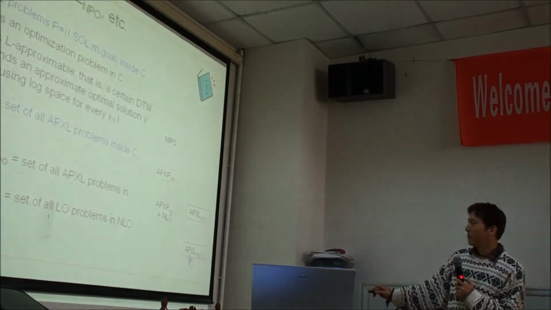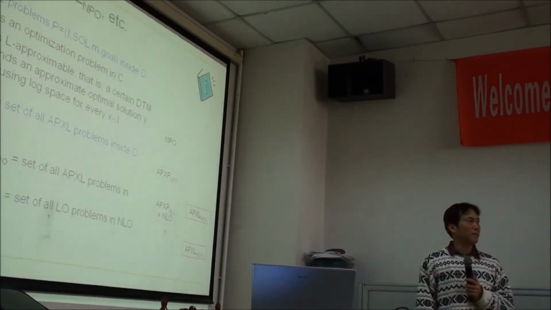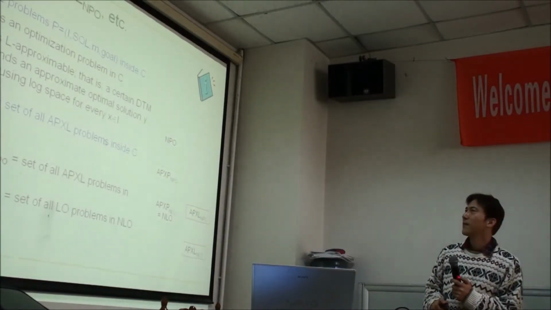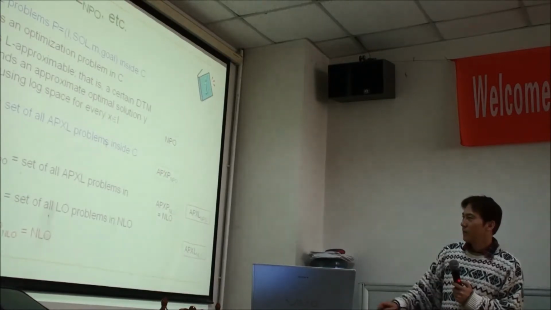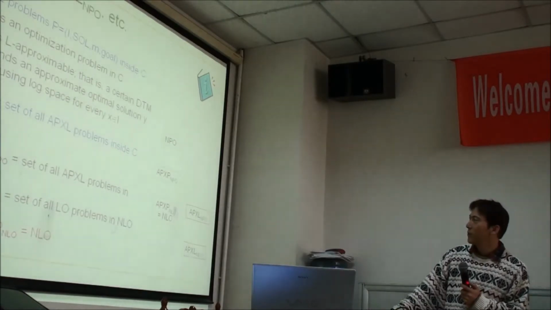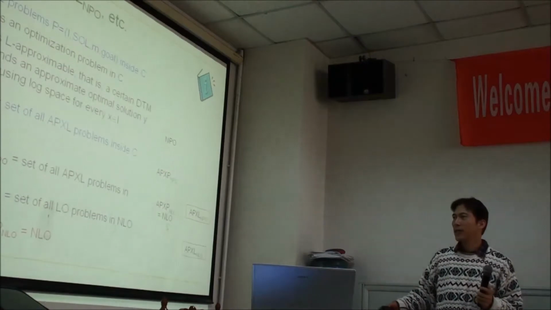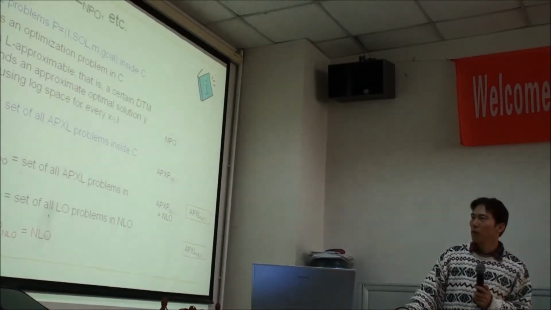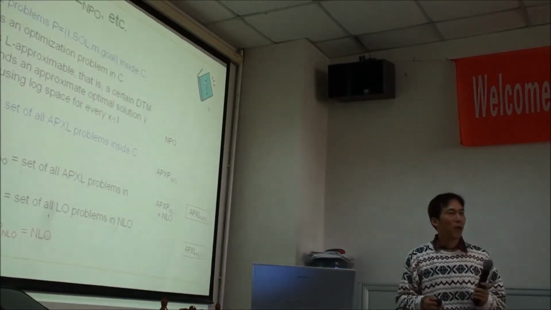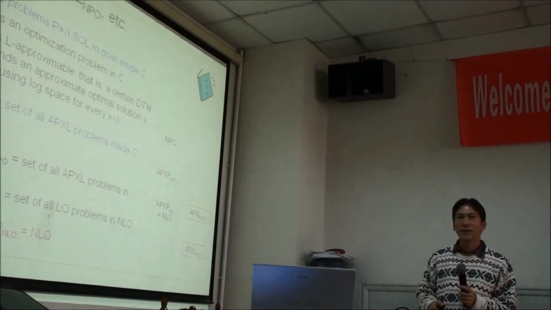Similarly, the log space approximable complexity class is a subset of NPO. Similar to the previous claim, the approximation version of NLO is exactly the same as NLO. So for NLO, polynomial time approximability and polynomial time exact computation are pretty much exactly the same thing.